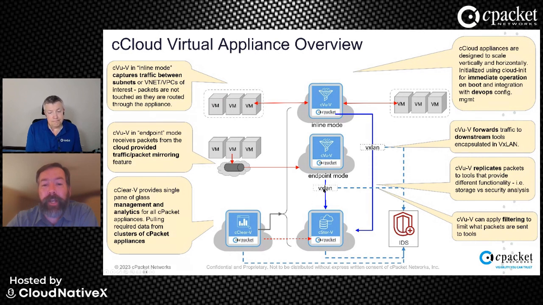We're always encapsulating these in VXLAN, but it should be noted that in some cases in the cloud, they're also using Geneve to encapsulate, and our packet brokers and our CStore capture appliance also support dealing with the Geneve protocol and stripping Geneve when it's required.